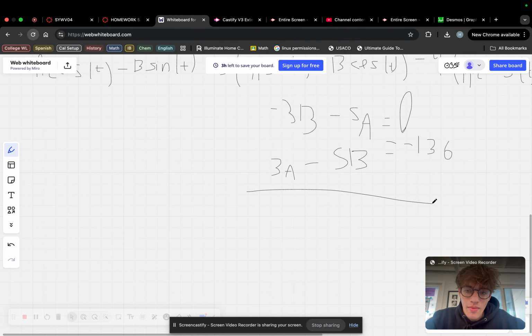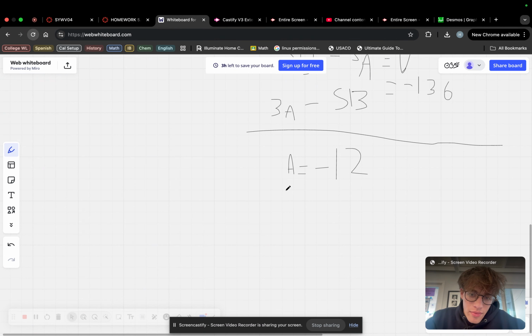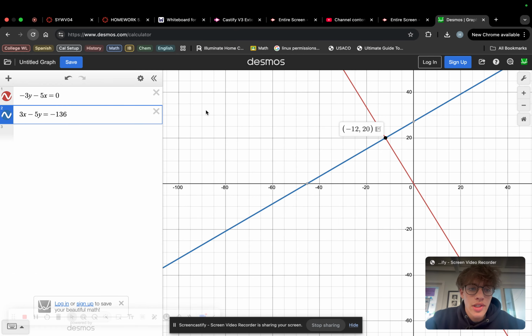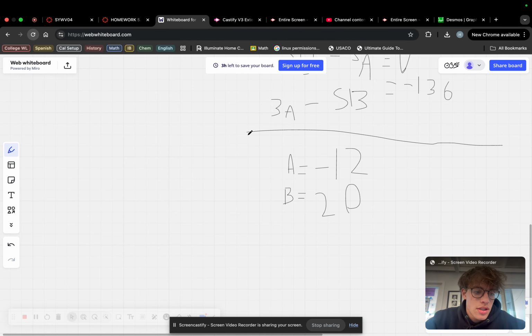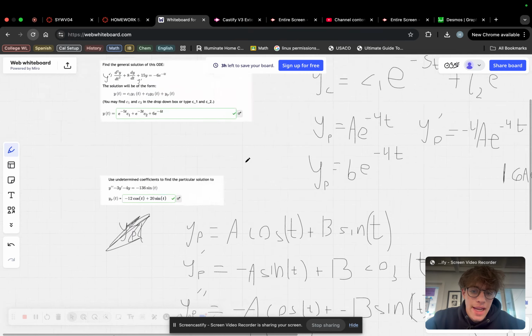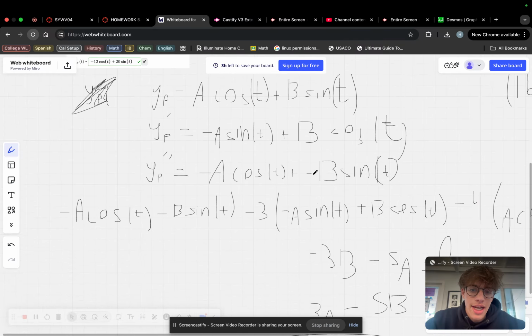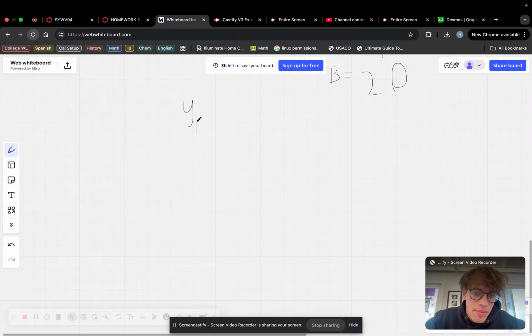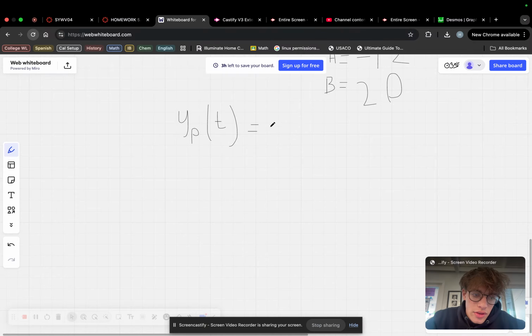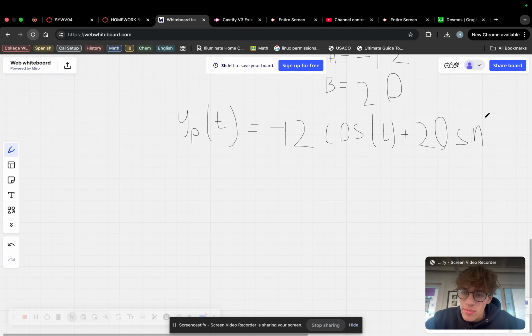Once again, confirming, negative 12, 20. So now we plug a and b back into our original guess, a cosine t plus b sine t, and we get y p of t equals, boom, that's it.